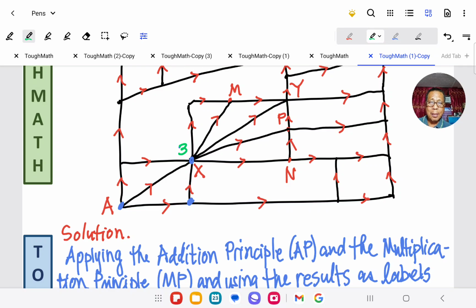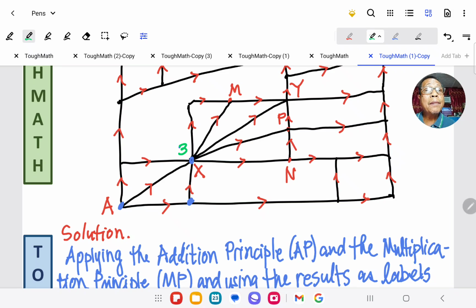And then the fourth is from X, you go to P and then to Y. And then the fifth is from X, you go to N and then go to P and then go to Y. So there are 5 ways. So therefore, by the multiplication principle, the number of paths from A to Y must be 3 times 5, which is 15.